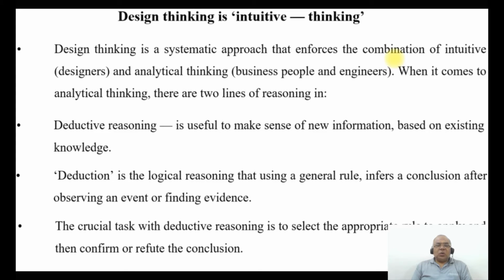A crucial task with deductive reasoning is to select the appropriate rule to apply and then confirm or refute the conclusion, that is, to draw a conclusion. So in order to apply that particular conclusion, we need to select the appropriate rule to apply.